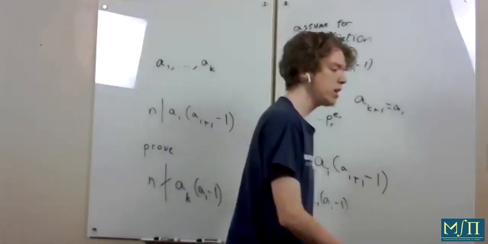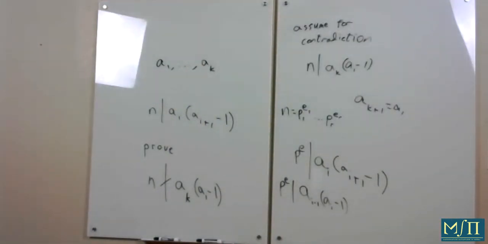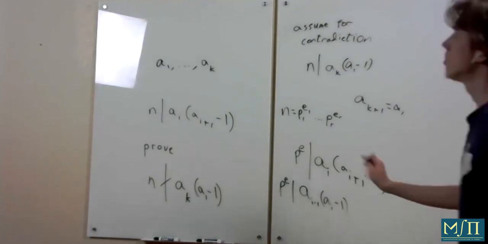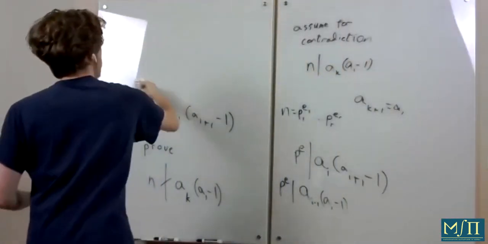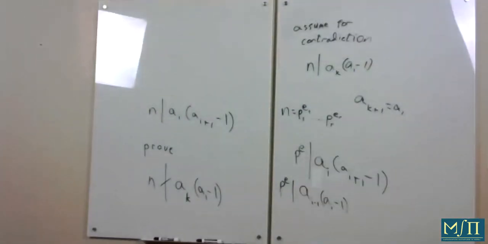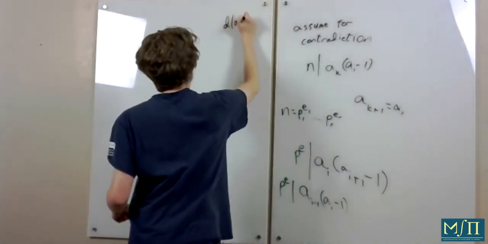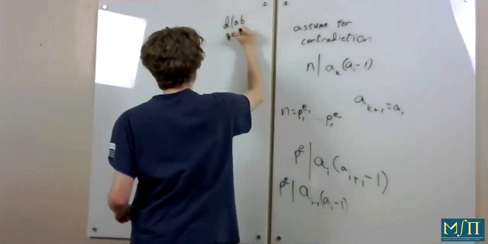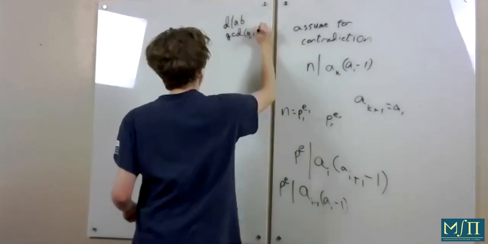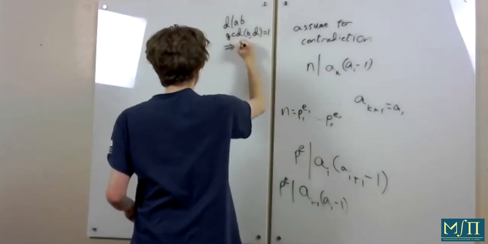And so we're going to want to repeatedly use this fact: if you have positive integers a, d, and b, such that d divides a times b, and the GCD of b and d is 1, then d divides a.